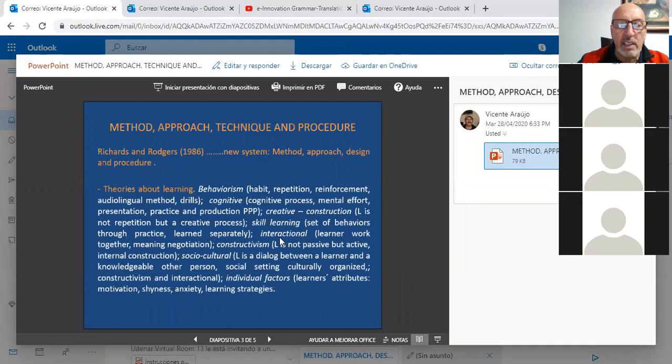So everything is connected. And you learn if you work together. You negotiate meaning. When you talk to someone else, there's a negotiation in terms of meaning.